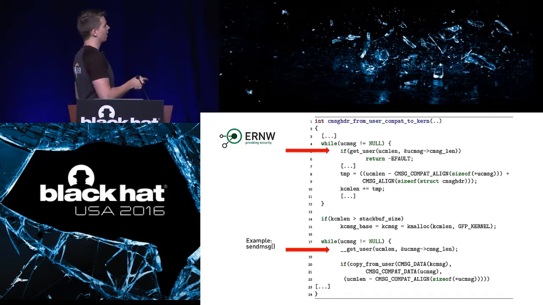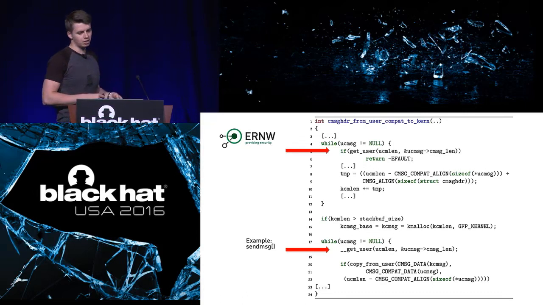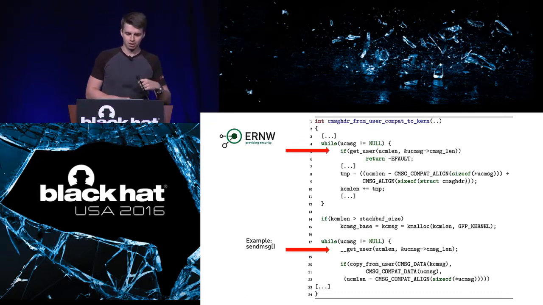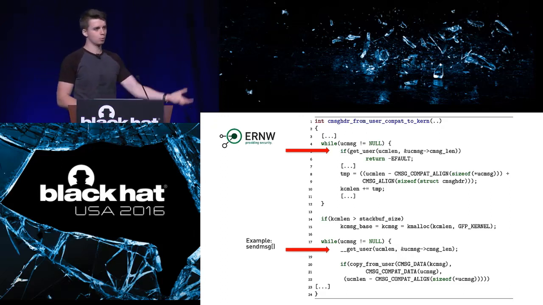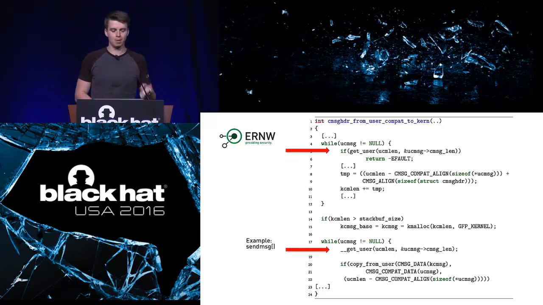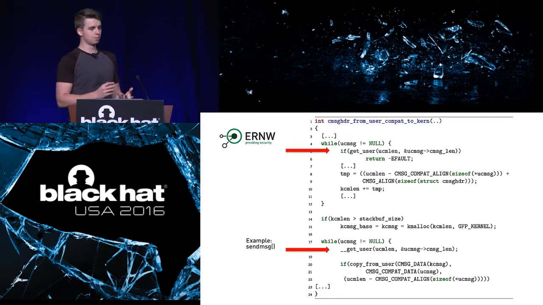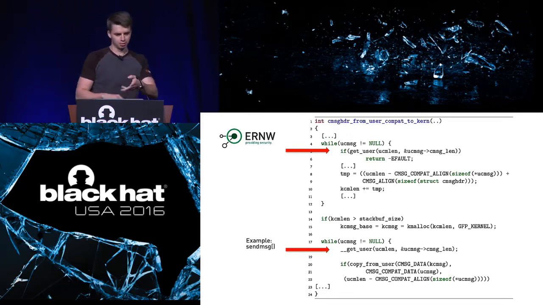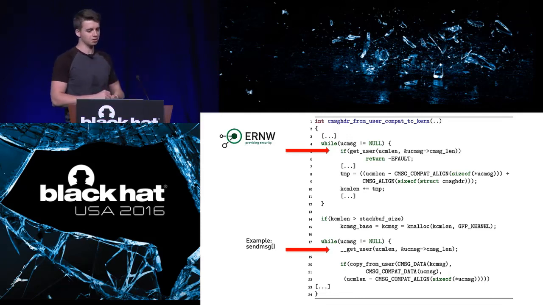Basically, the problem is that you have two fetches of this ucmlen variable. You have this get_user wrapper which copies data out of the user space, and at the first marked line it's copied into the ucmlen variable, and then it's used to perform a heap allocation, or depending on the size, it's stored on the stack.